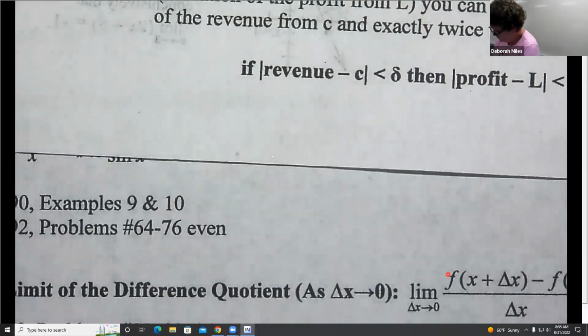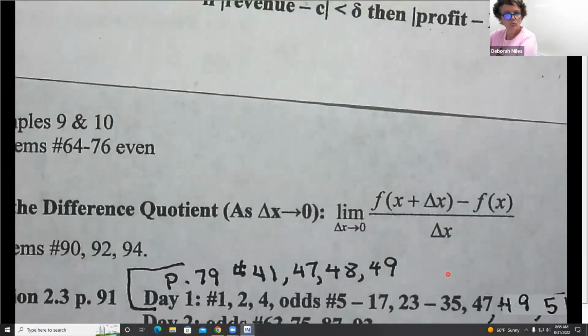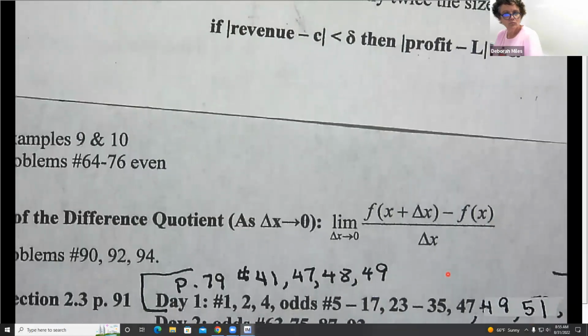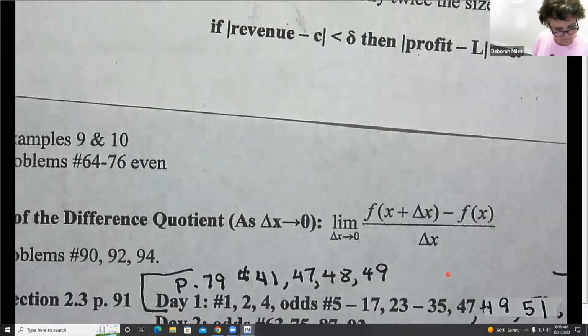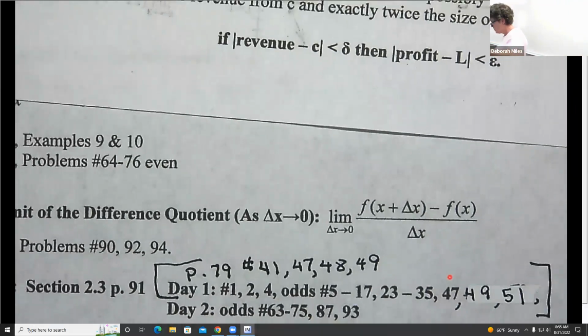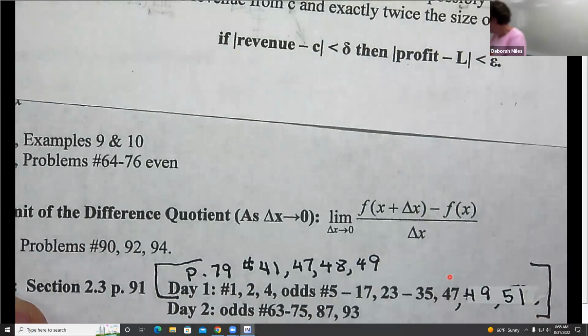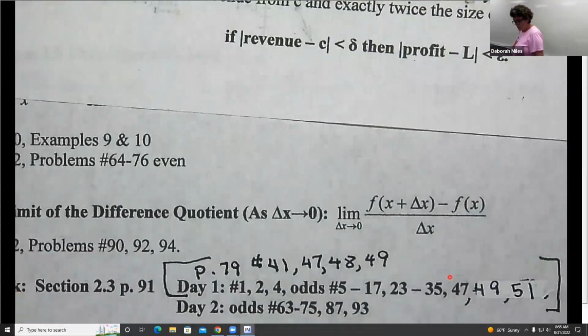There. Here's your homework for tonight, and I will take all of that up tomorrow. Nope, just what I put in brackets right there. Up to 35 is direct substitution, and then I think 47, 49, 51 are just simplify the rational expression and then use direct substitution.